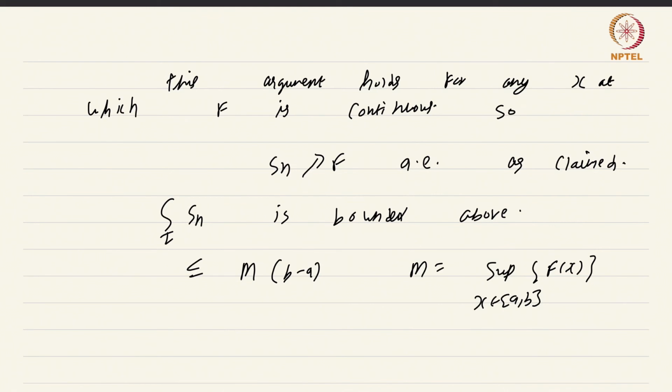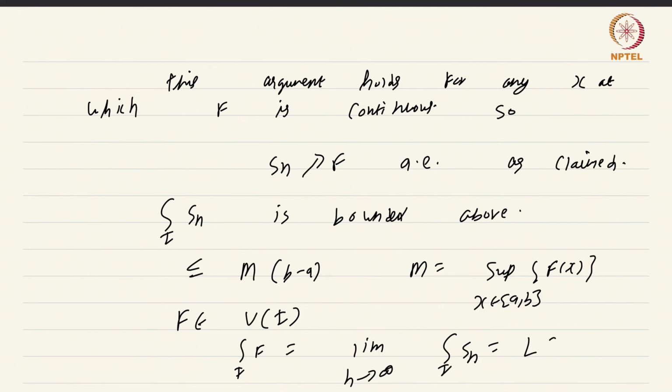Now, what does this allow us to show? Well, this shows that f is an upper function and the integral over I of f is nothing but the limit n going to infinity of the integral over I of Sn. But this limit is nothing but the lower sum of f with respect to p2 power n.